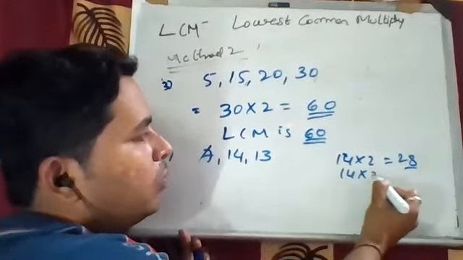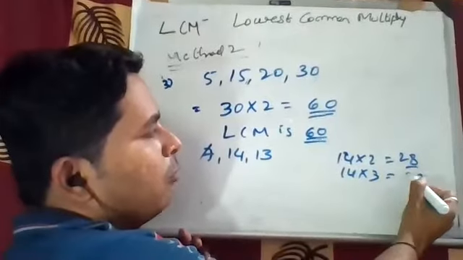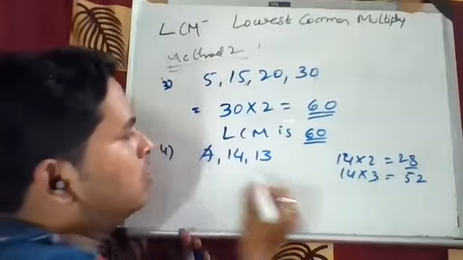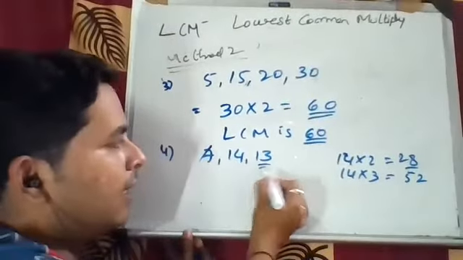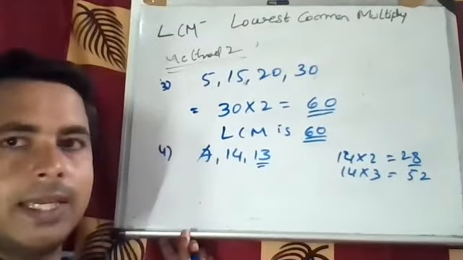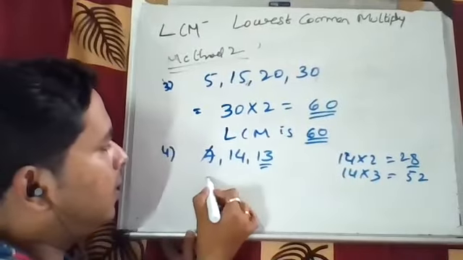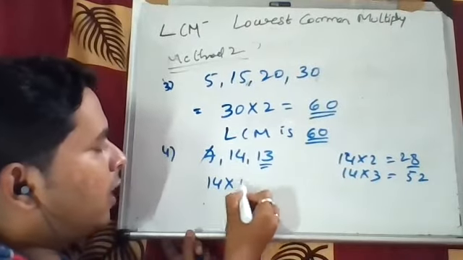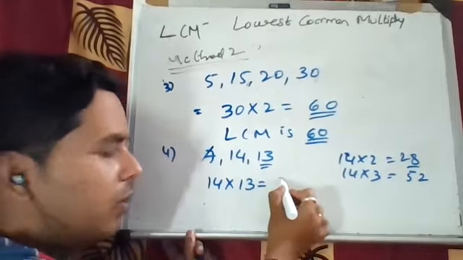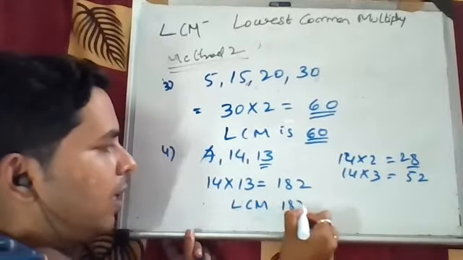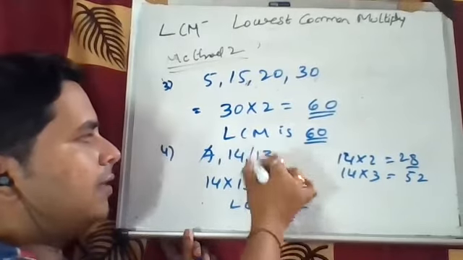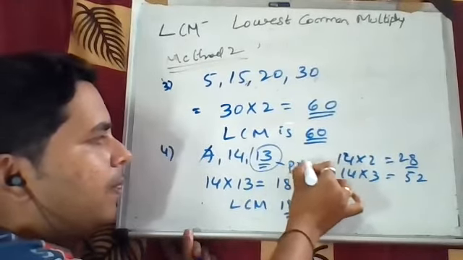And if you multiply 14 by 3, you get 42, and with 4 you get 56, and so on. My 13 will not divide these because 13 is a prime number. So for this, what do we have to do? Just multiply 14 by 13. If you multiply 14 by 13, you get 182. So here the LCM is 182 because 13 is a prime number.